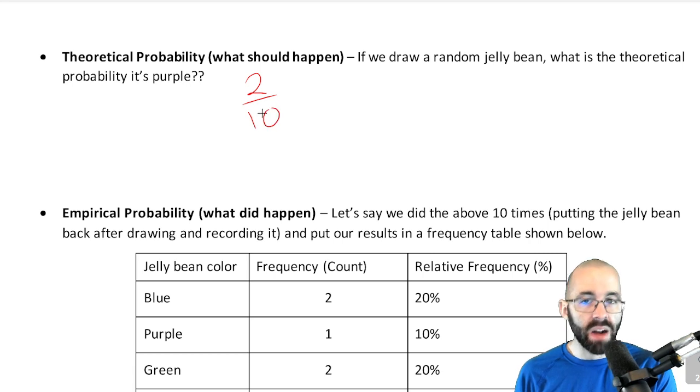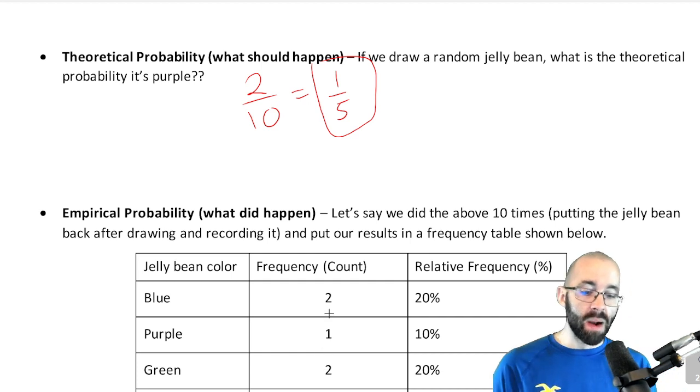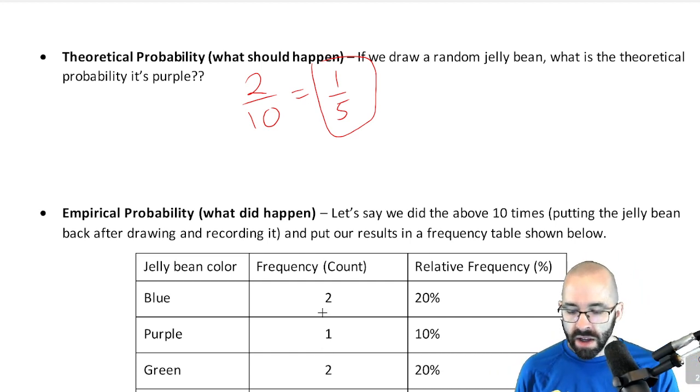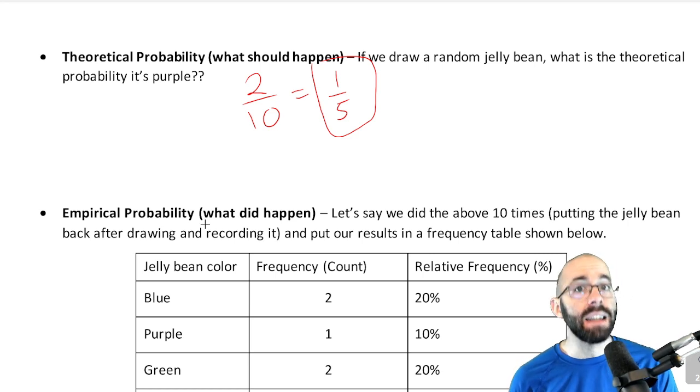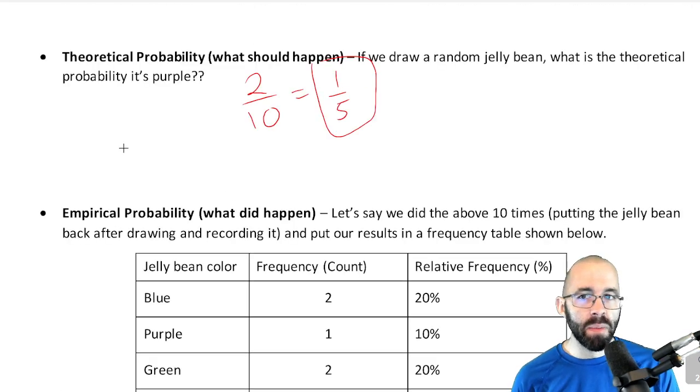Probability is just going to be 2 out of 10, which we will always remember to reduce to 1/5. That's the theoretical probability. That's a little different than empirical probability. Empirical probability says, well, what actually did happen? And a lot of times we use empirical probability if we don't know the theoretical probability. We don't always know theoretically what should happen.